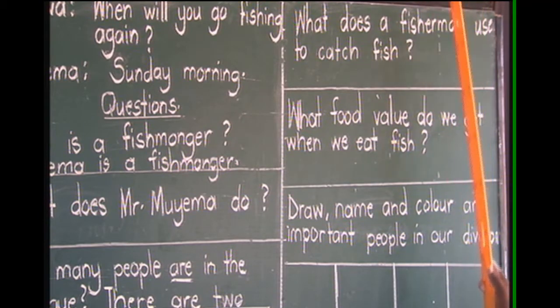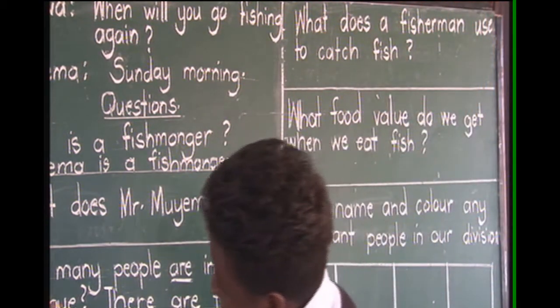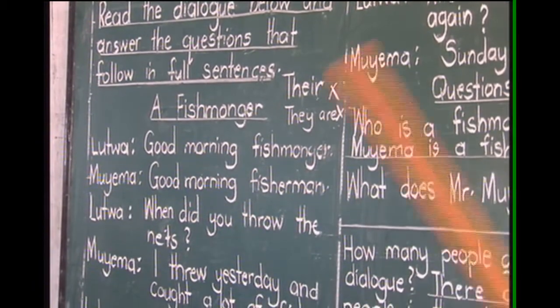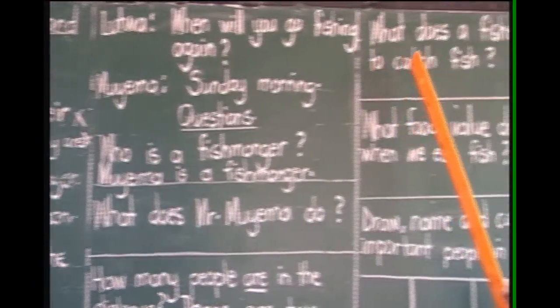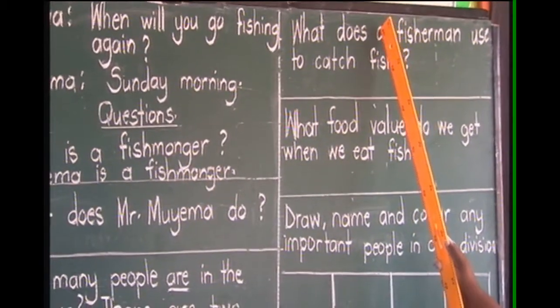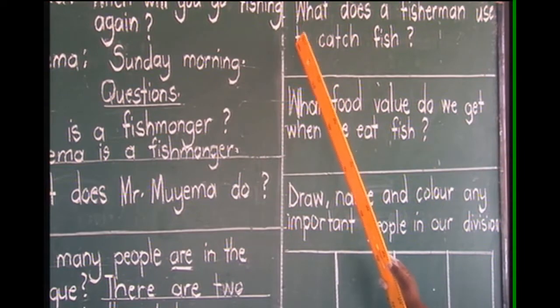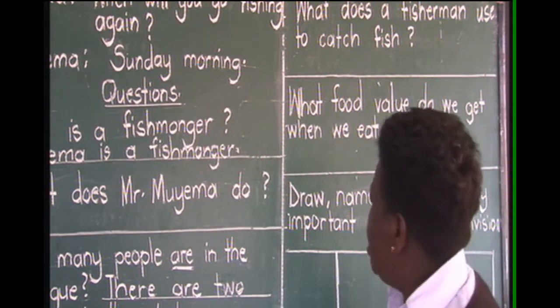Then you go back here, you look for what he uses. A fisherman uses nets to catch fish. You end with a full stop.